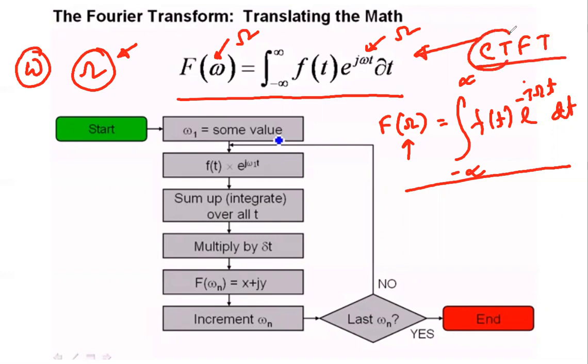So continuous time represents your signal. Your signal is a continuous one. That means f(t) is your signal, which is an unknown signal. Now we want to correlate our unknown signal with a known signal.